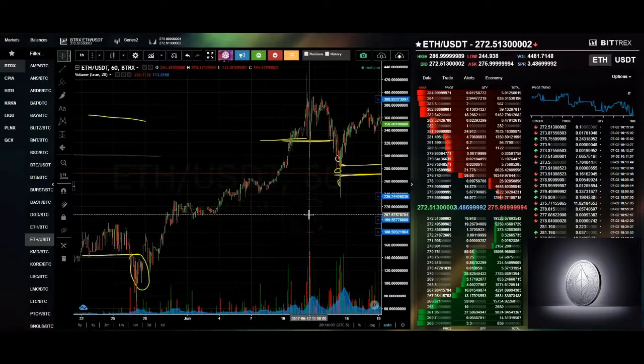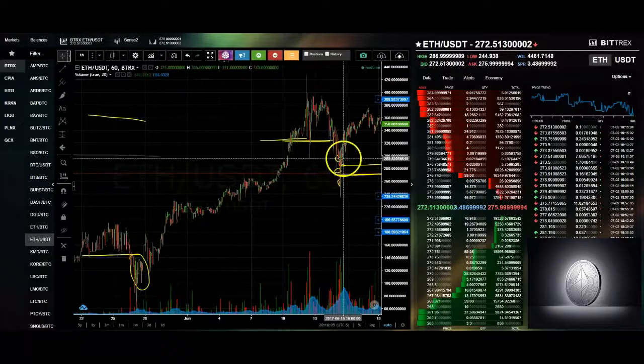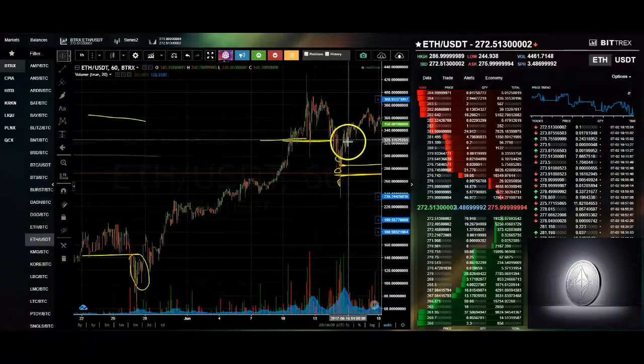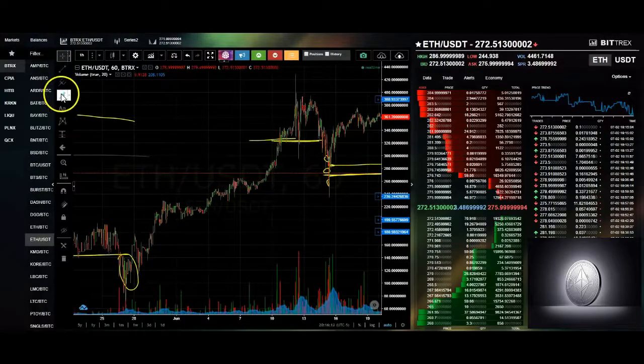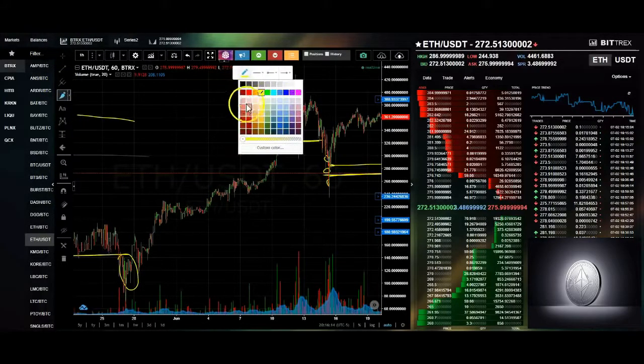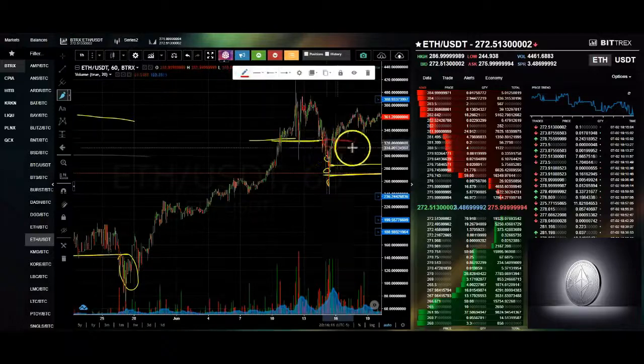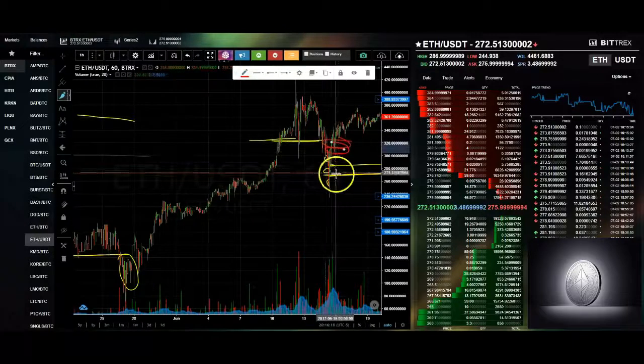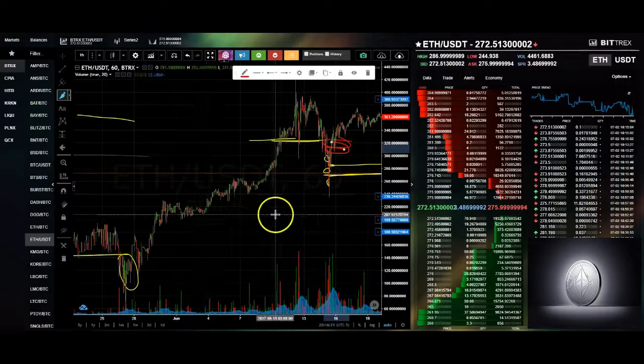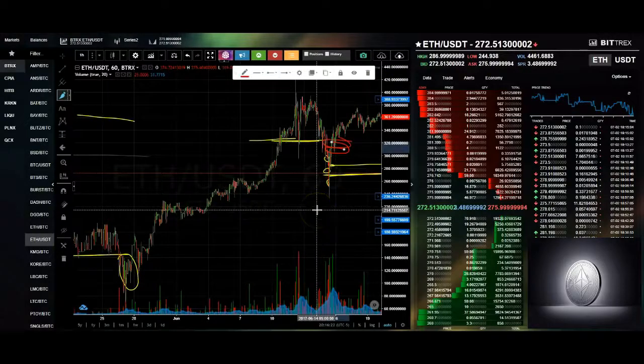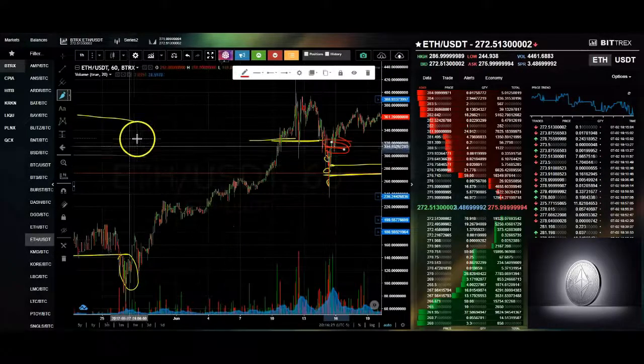And I have alerts set up on my phone, so when I see that I bought a bunch of stuff, then I can go right ahead and stick a sell order right over there, anywhere in this area, and not even worry about it. I just know what's going to happen, I know it's safe, and I can just make my money that way.